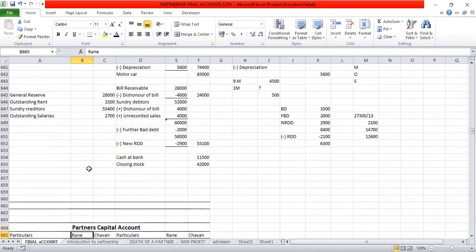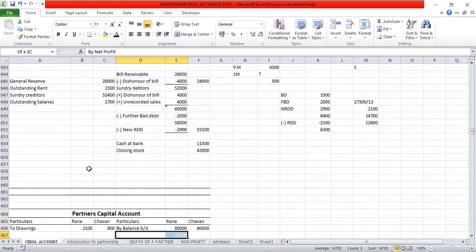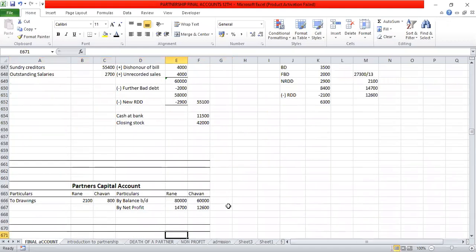By net profit, 14,700 and 12,600. Adding the totals, 80 plus 14 is 94, and 60 plus 12 is 72,600.